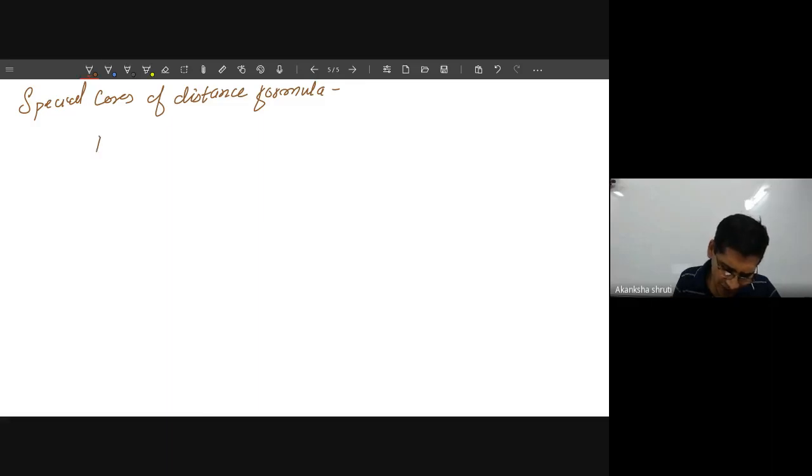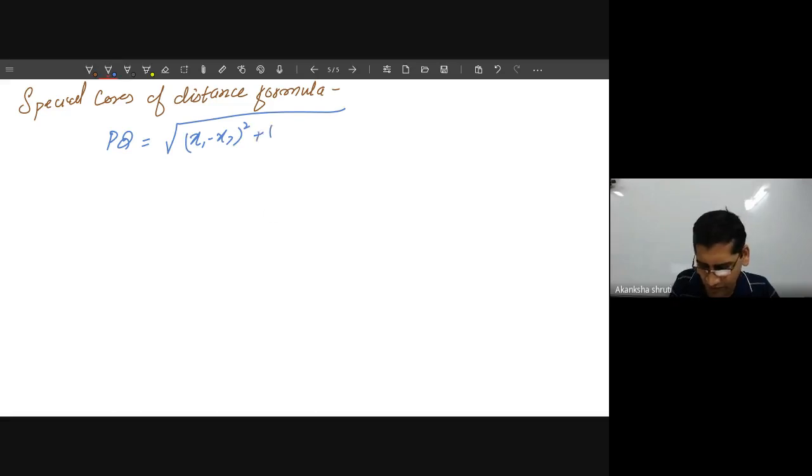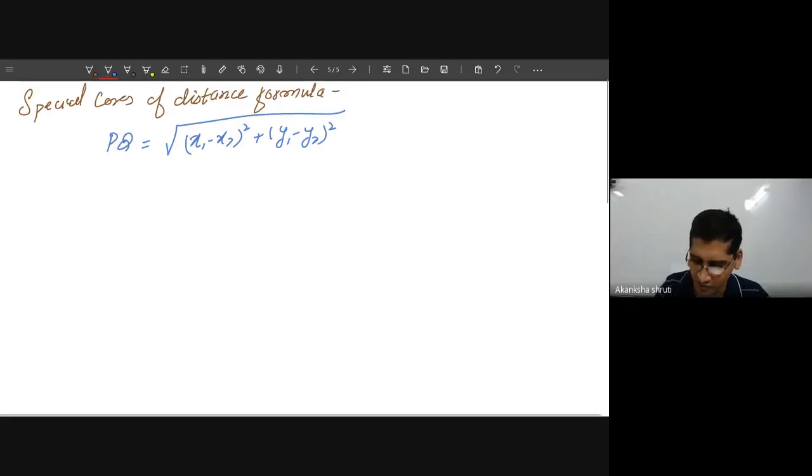The distance formula PQ is calculated by x1 minus x2 square plus y1 minus y2 square. This is the general one.